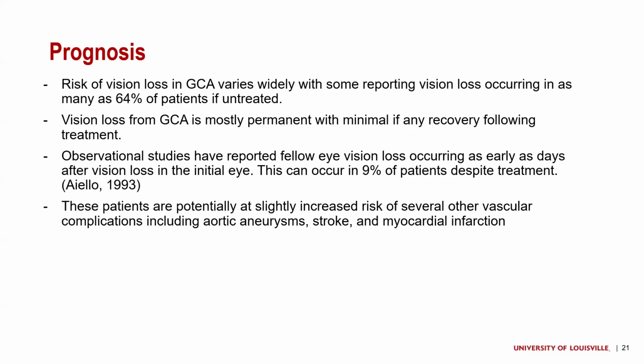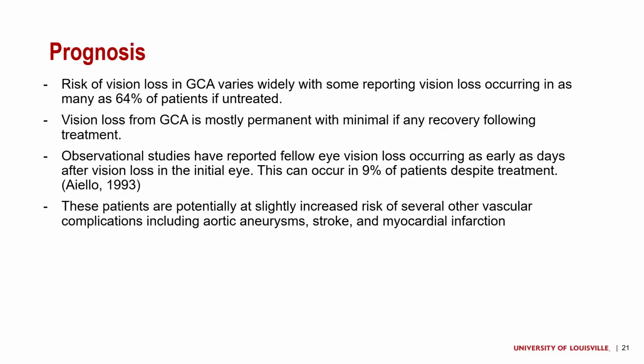Other than vision loss, patients can be at a slightly increased risk of other vascular complications. Most notably, the aorta has a very prominent internal elastic lamina. So it's reported that these patients have roughly a 6 times risk of developing an aortic aneurysm. Now, this still is a relatively minor risk.